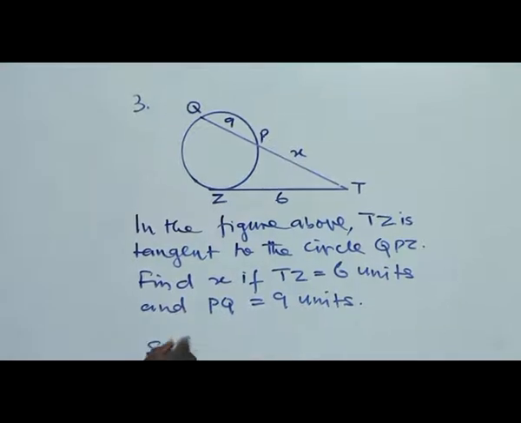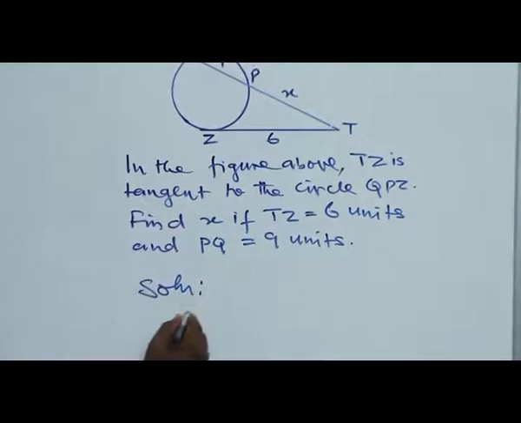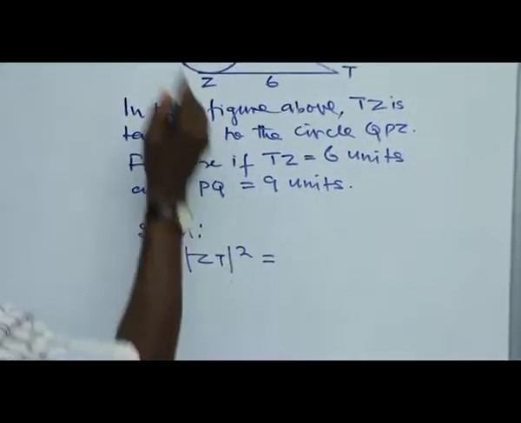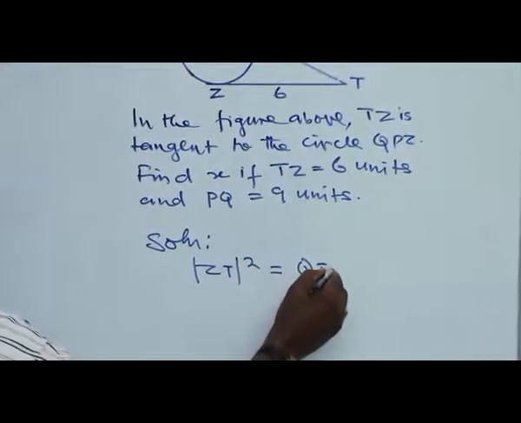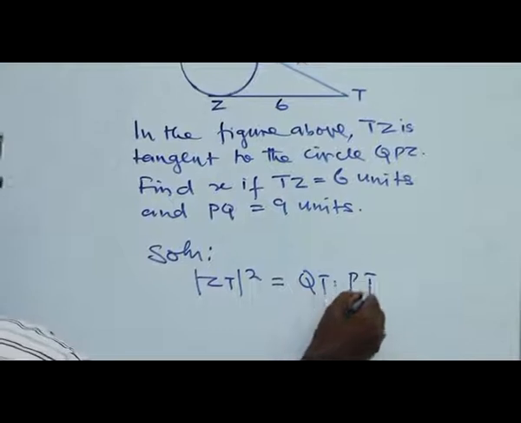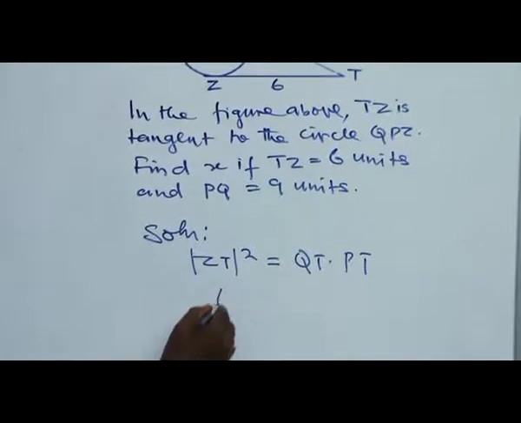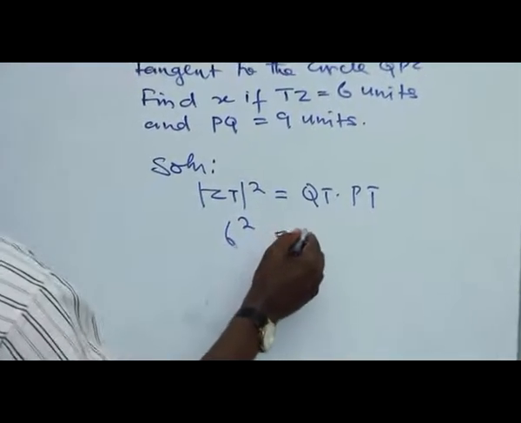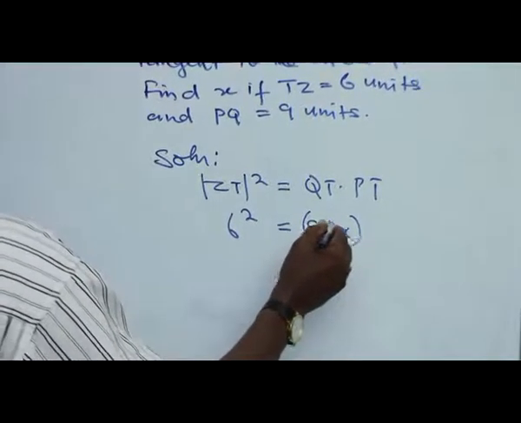Good. Your solution, remember the rule: ZT all squared is equal to your QT times your PT. That is the rule.